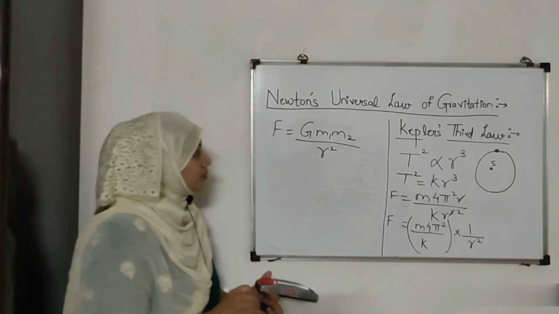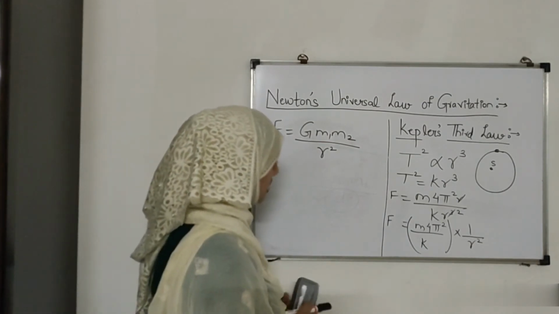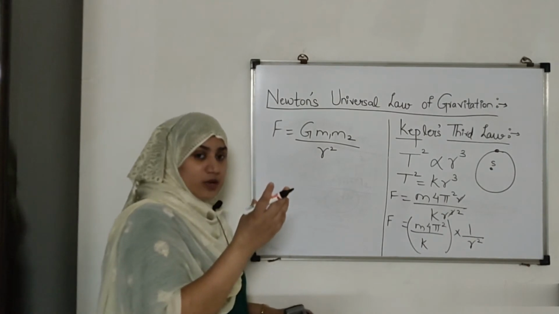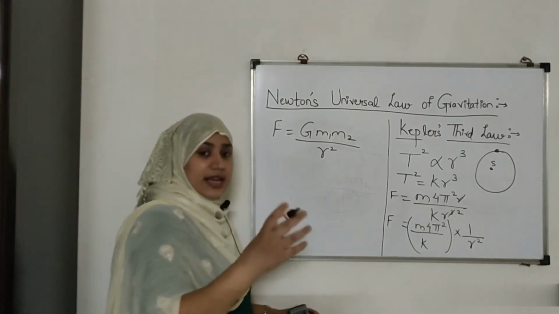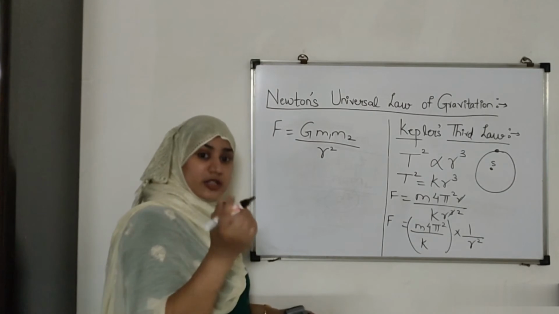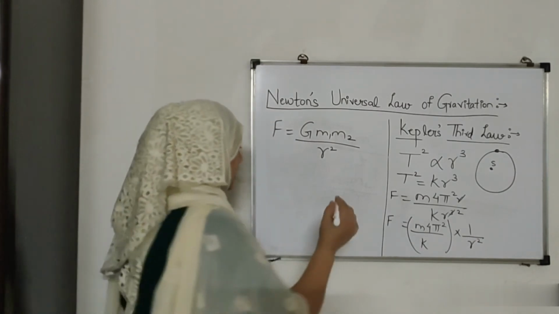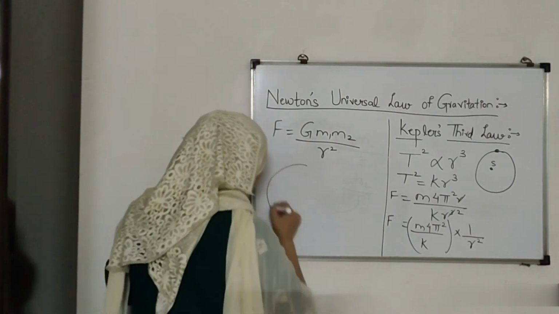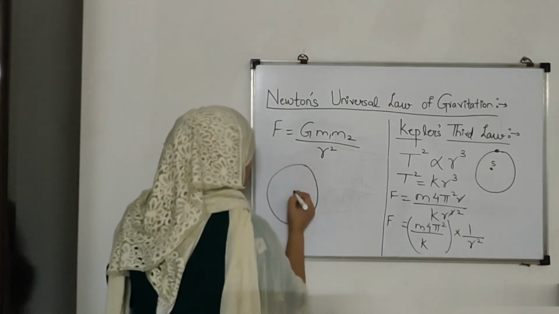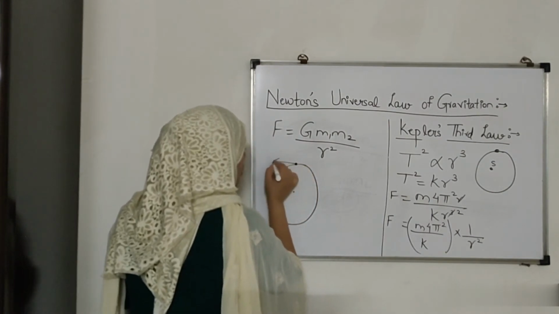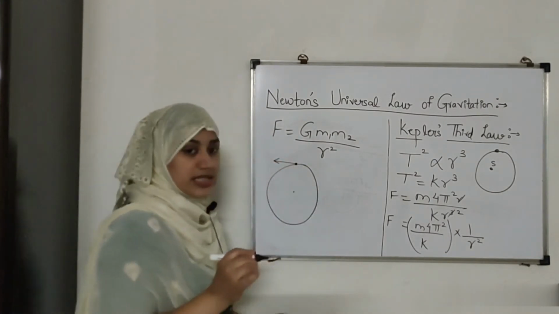Now the planet is moving around the sun, but it is not falling on the sun. Why? Whenever something is performing a circular motion, it always has a velocity.